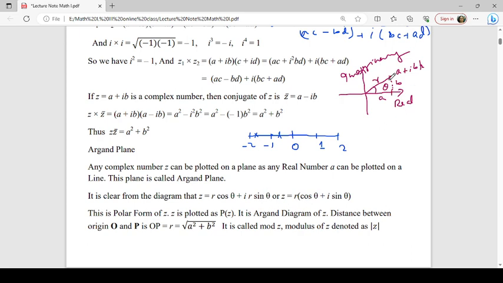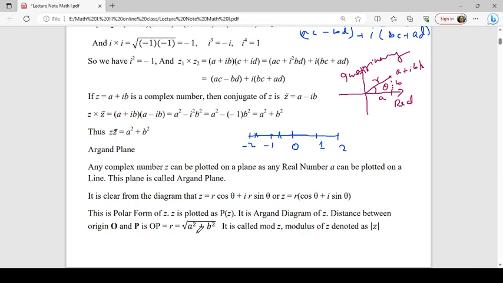It is a right angle triangle. So we write r cos theta plus i r sin theta, and z is equal to r, taking it common, cos theta plus i sin theta. This is called the polar form of a complex number.